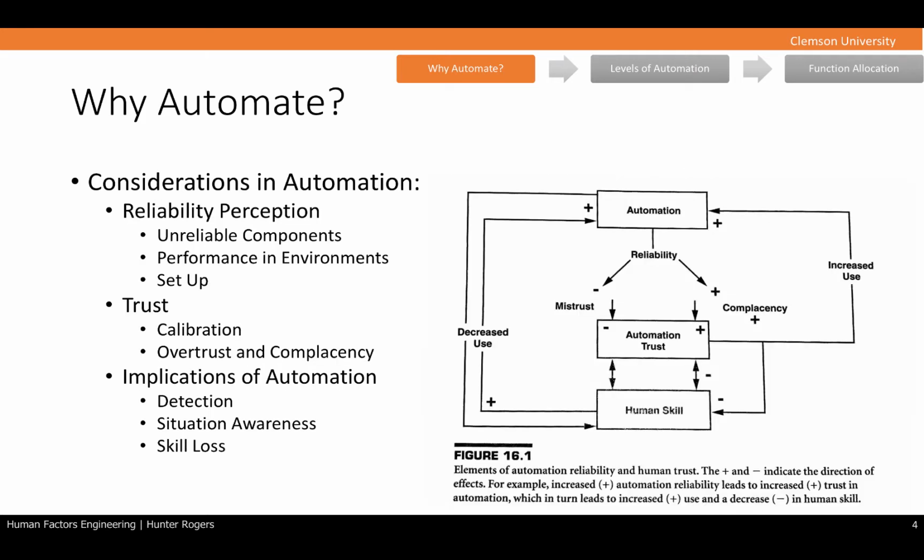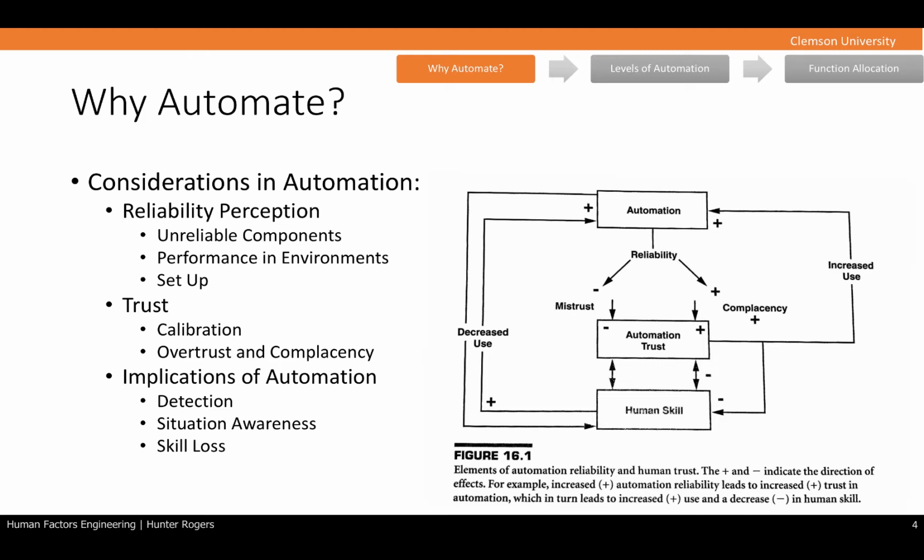Some considerations that we need to make before designing automation into a process is how the reliability of that automation is perceived. There are several things that can drive this perception, and one is having unreliable components. There are some situations where a component of the automation is not manufactured correctly or doesn't perform as well as it's supposed to, and so the actual system is unreliable, so that leads people to perceive that it's unreliable.